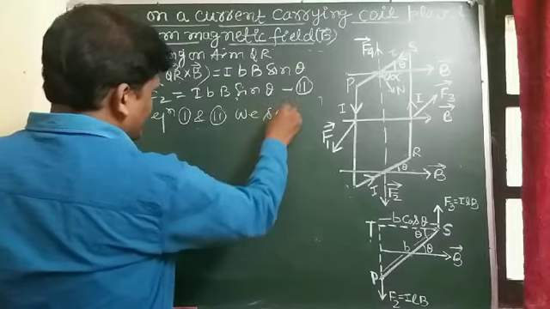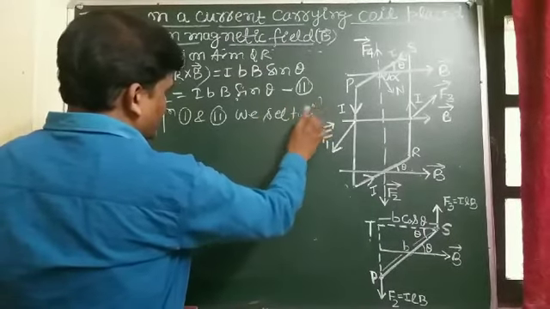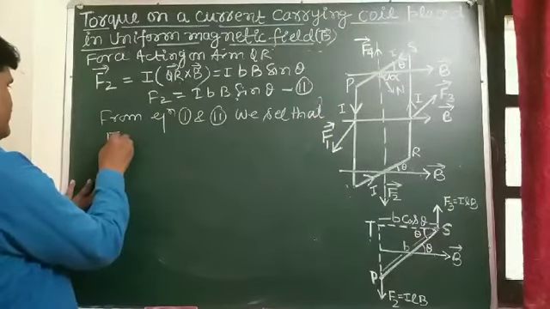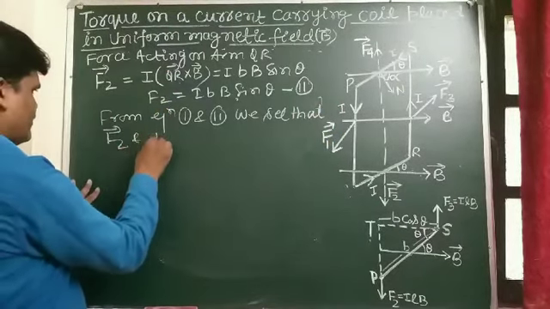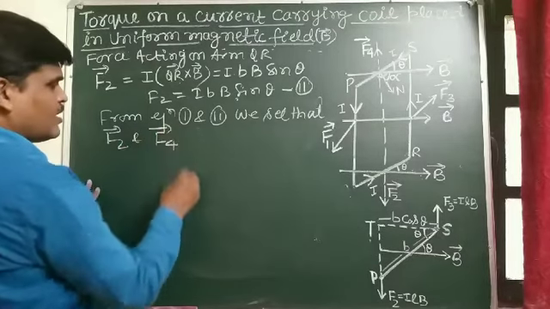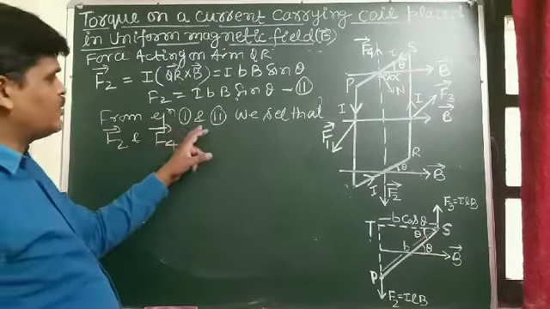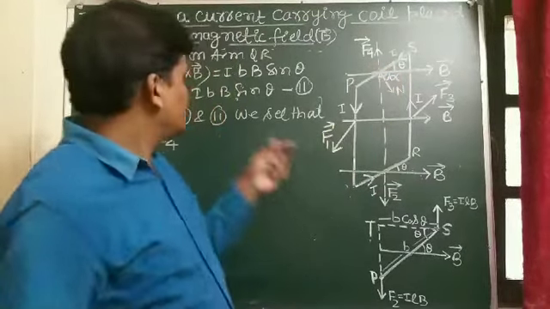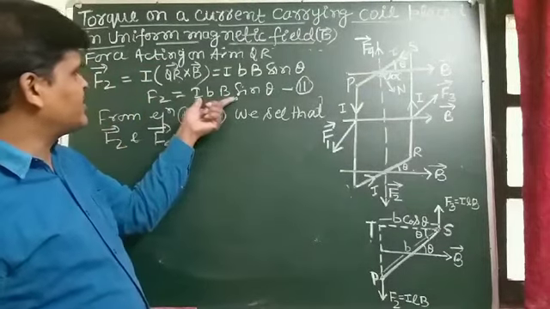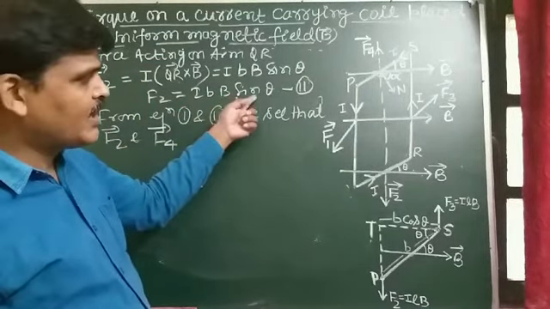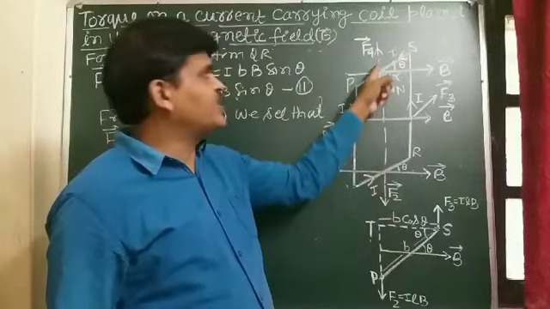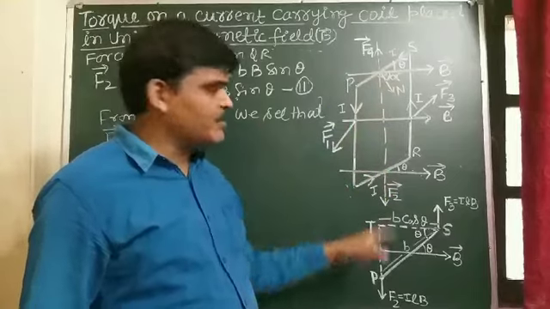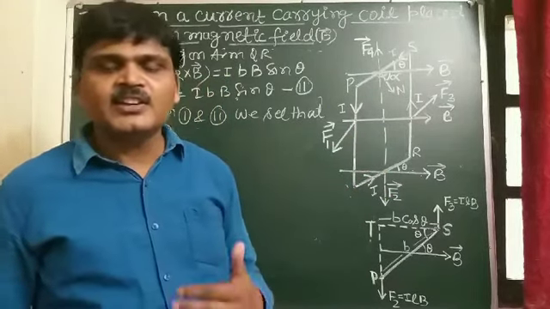From equation 1 and 2 we see that vector F2 and vector F4, their magnitude is what? Same, IBB sin theta, acting in opposite direction, and their line of action, that is what? Same. So they will cancel each other.